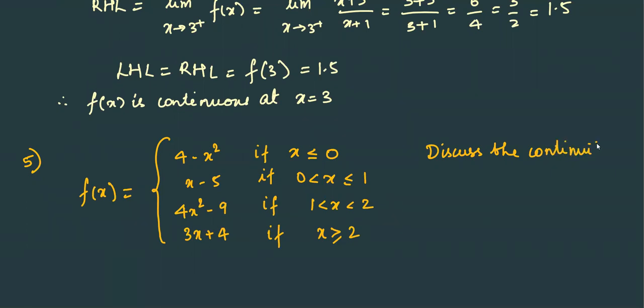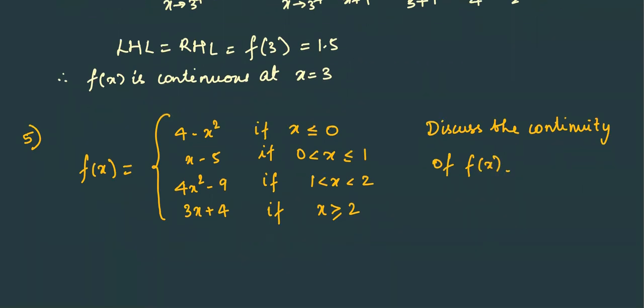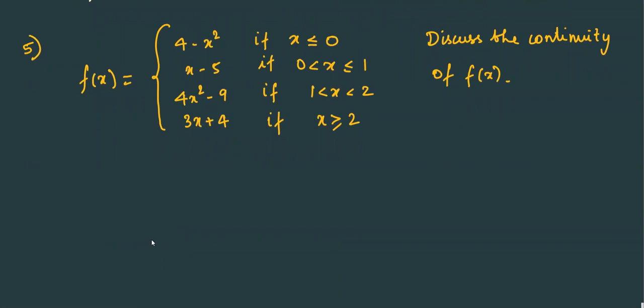Continuity of f of x. So this is a question. Now all these expressions, either they are linear or quadratic, they are all continuous. All algebraic functions are continuous. Only when there is a transition do you need to check.